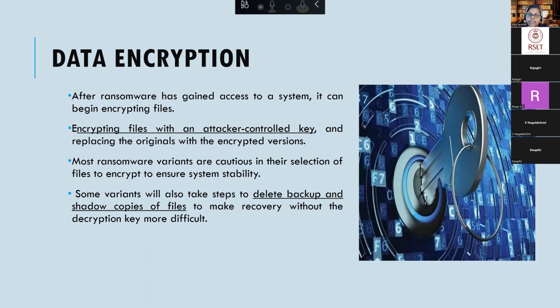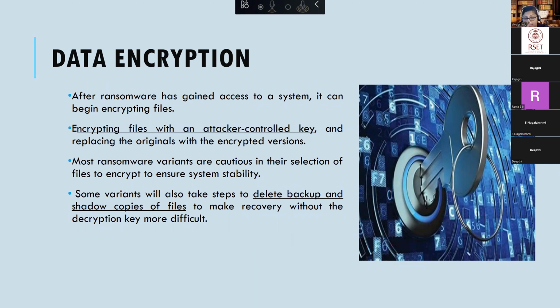Now, after gaining access to the system, the next step the attackers take is to look for the essential files and encrypt them using various encryption algorithms, like symmetric encryption such as AES, or asymmetric encryption such as RSA.